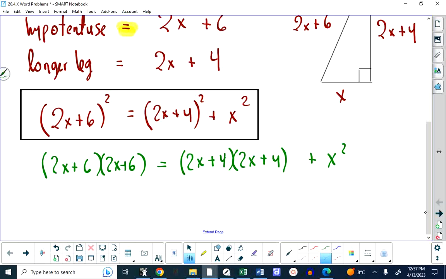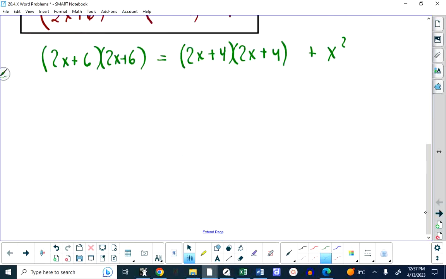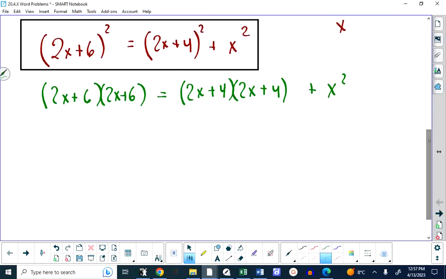You have to take (2x plus 6) multiplied by (2x plus 6), which is going to give us 4x squared. We're just applying the FOIL rule here. We're distributing the 2x plus 6 in the first binomial through multiplication to the 2x plus 6 of the second binomial. Outer is plus 12x, inner is plus 12x, last is plus 36.